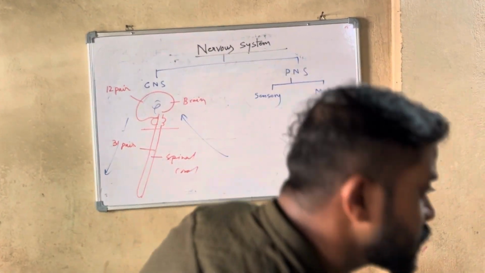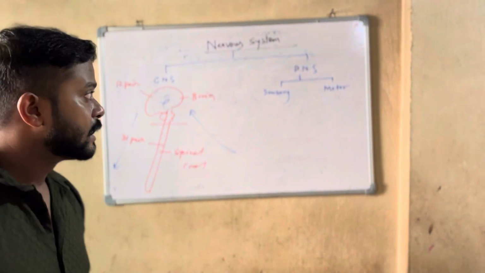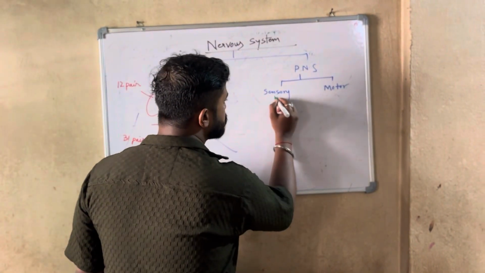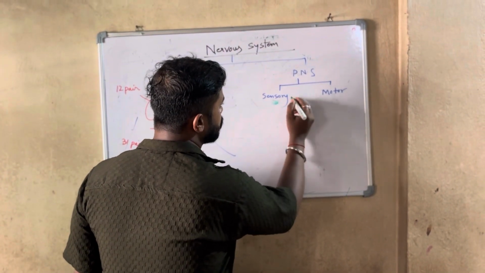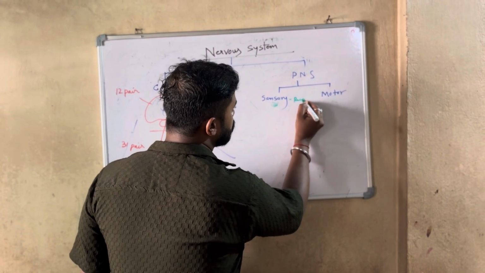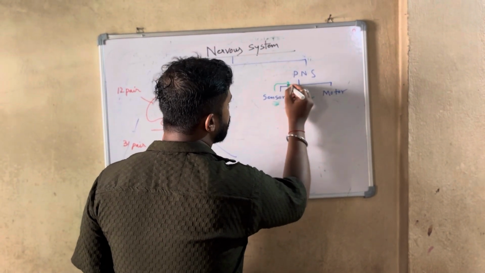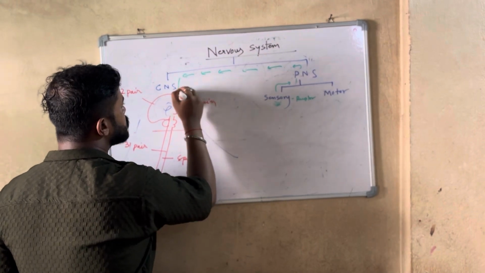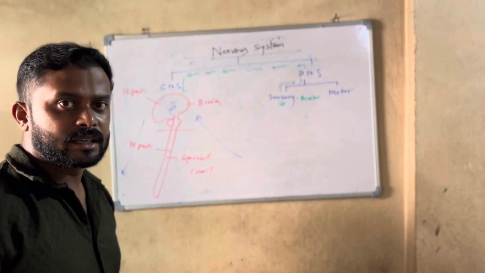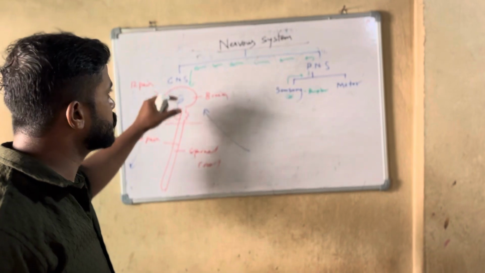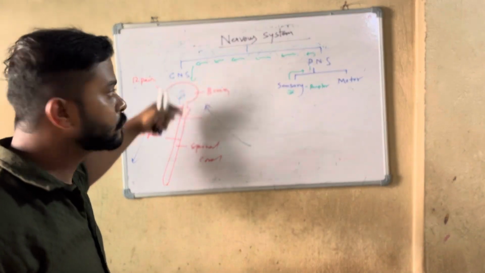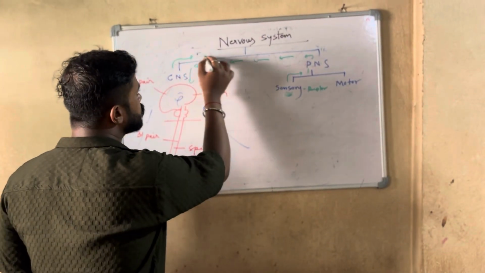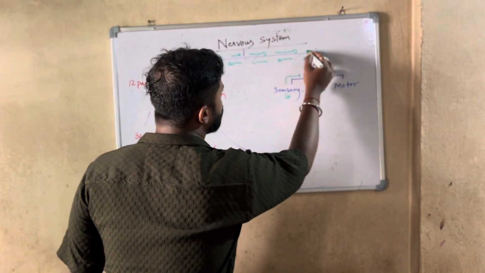What is the function of the sensory and the motor nervous system? The sensory nervous system collects the stimulation from the receptor and carries it to the central nervous system. The central nervous system analyzes the particular stimulation and gives a response through the motor nervous system.